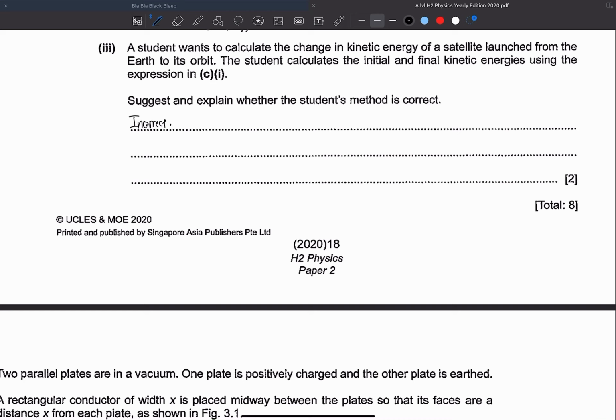Incorrect. So the satellite is not undergoing circular orbit.